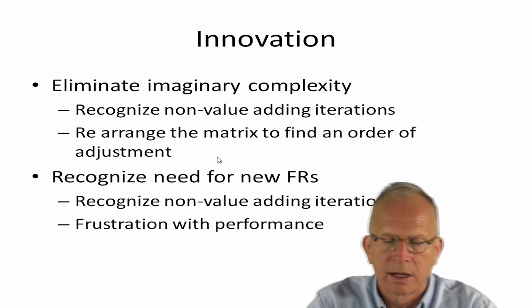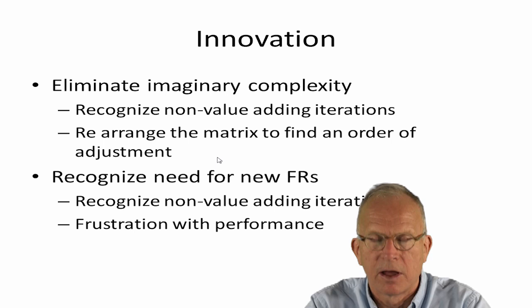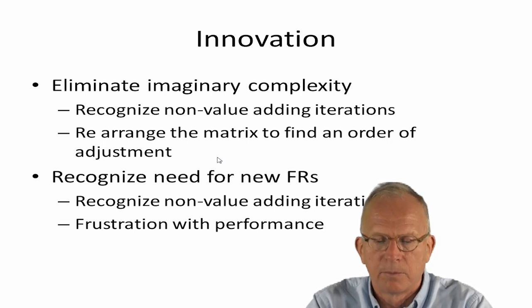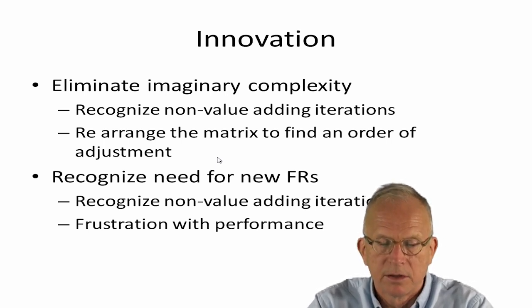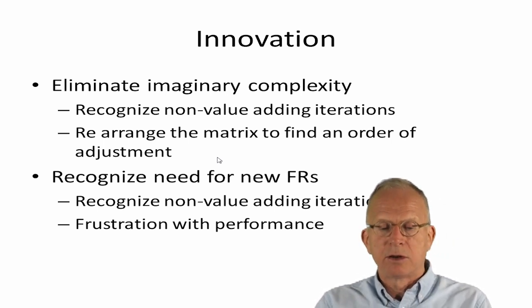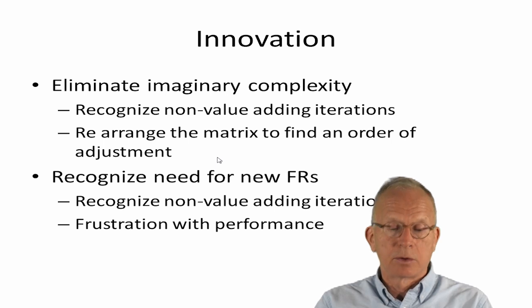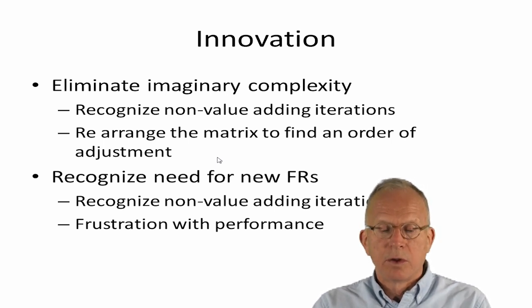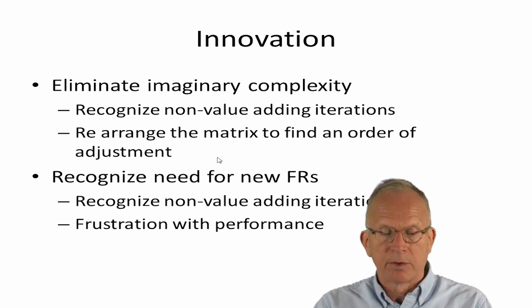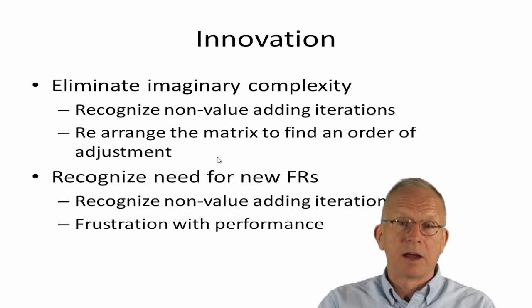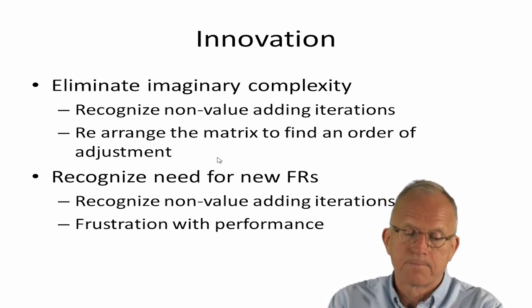You have to recognize that you're doing some sort of non-value added iteration with some sort of system, and to eliminate the imaginary complexity, as we've discussed, you just have to rearrange the matrix so that you can find an order of adjustment that does not require iteration. If you don't know the order of adjustment, it can seem like quite a complicated system to adjust, but once you know it, it becomes very simple. So you've essentially found the combination to the lock.